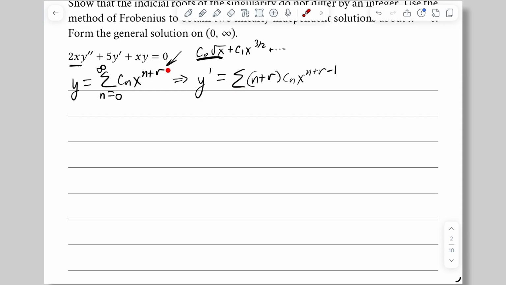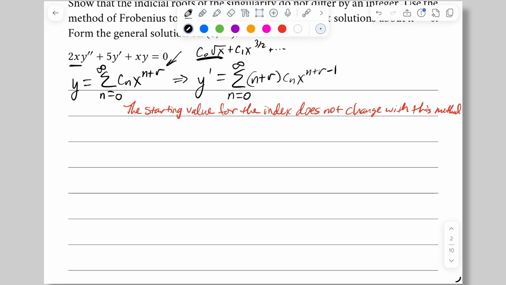Here, with this n plus r exponent, the index doesn't change when we differentiate. So the two things that make this process different from the previous set of videos are the plus r in the exponent and the fact that when we differentiate, the starting value for the index does not change, at least not with this method.